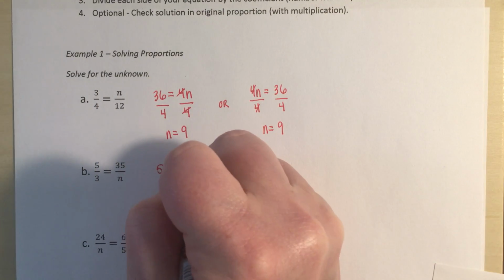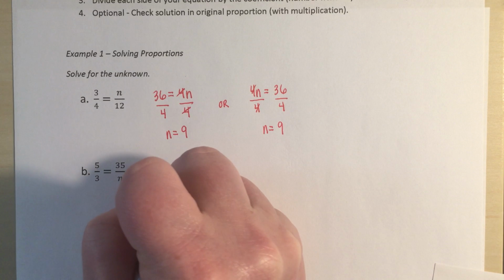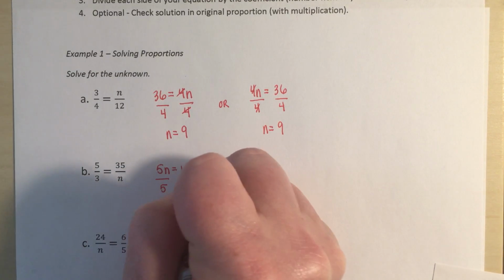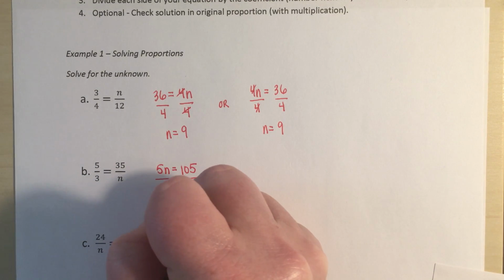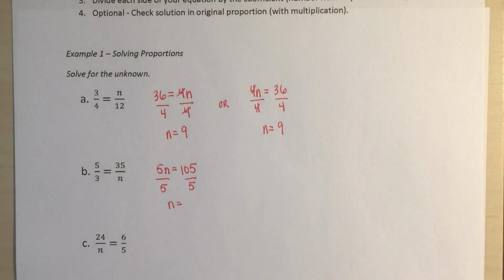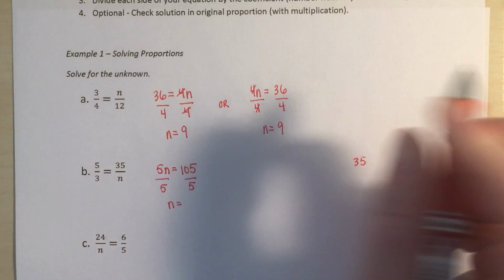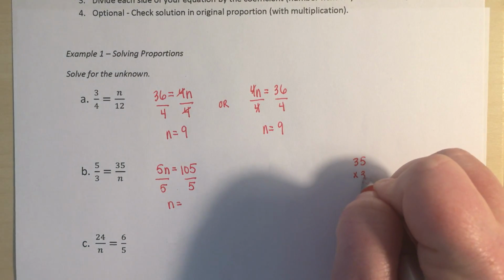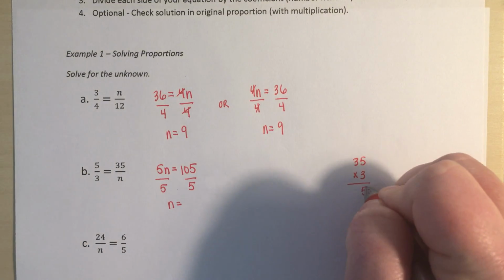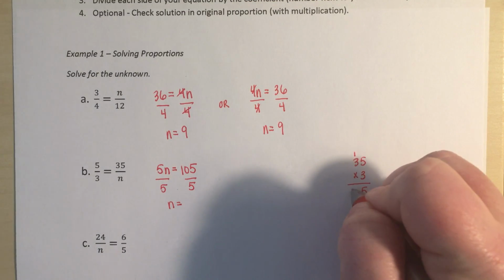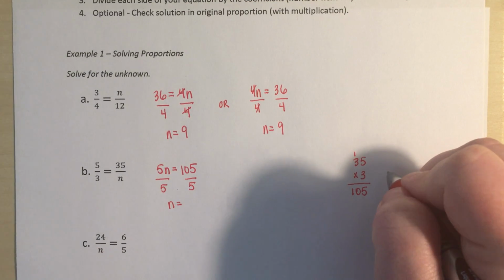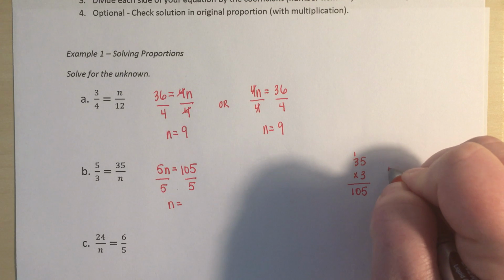So 5n equals 105. Then we're going to divide both sides by 5 because that's our number next to our variable. And I suppose I'll just go ahead and rewrite the little scratch work that we just used on this sheet of paper, so that way if you're looking at the notes online, we can see where all of these calculations are coming from.